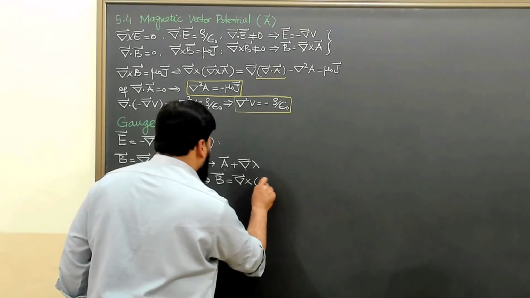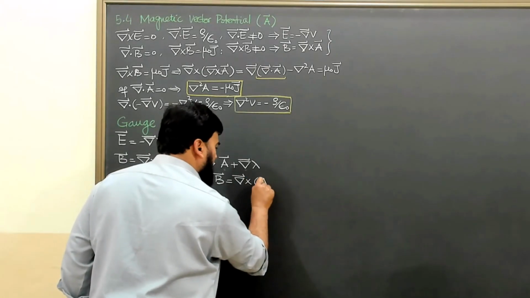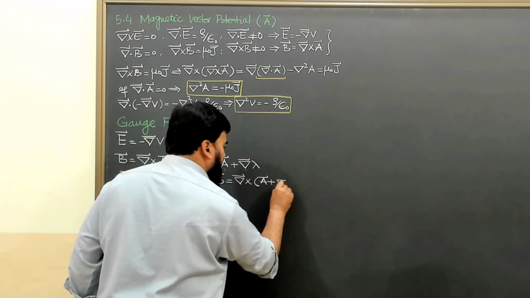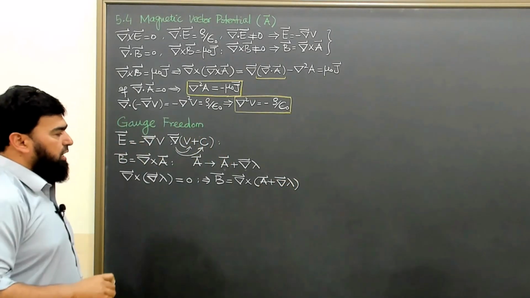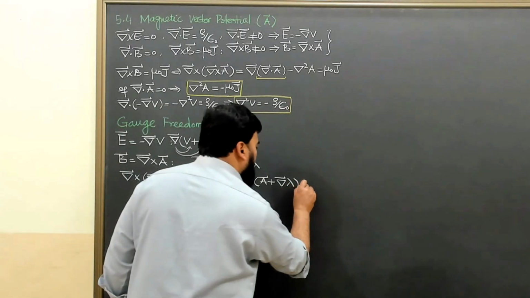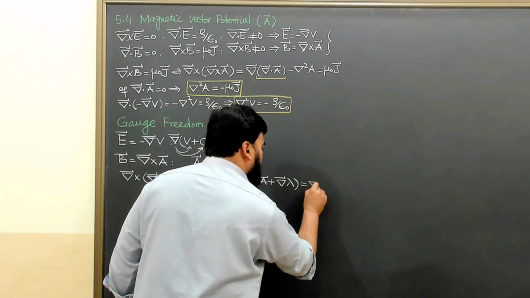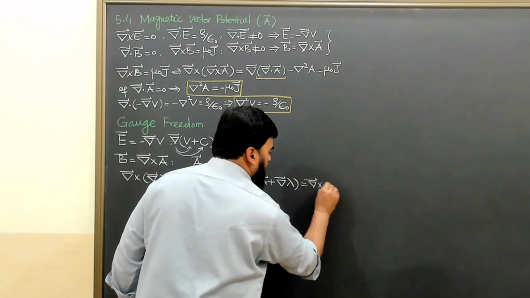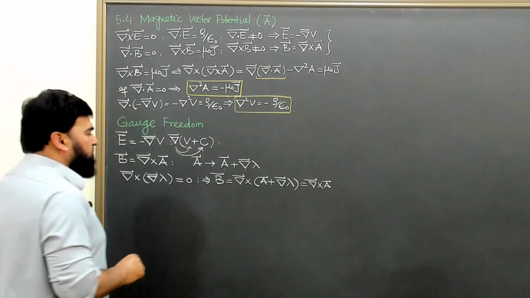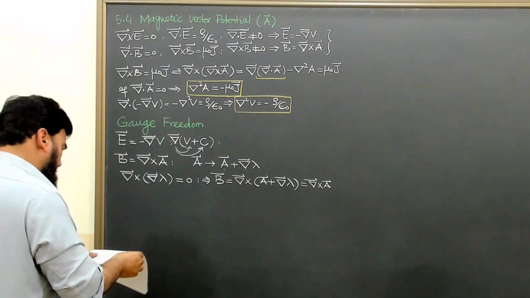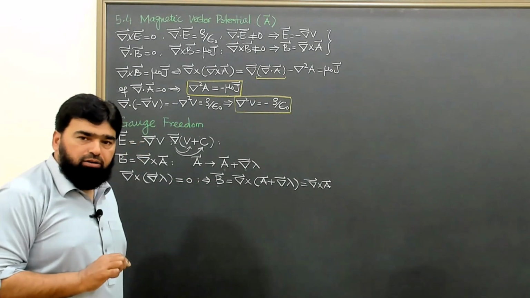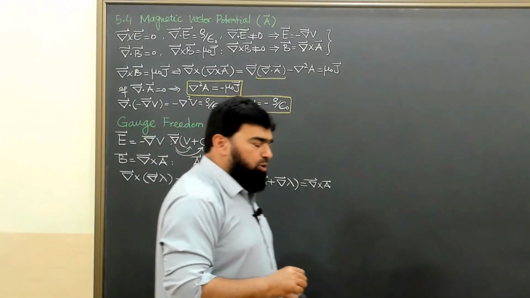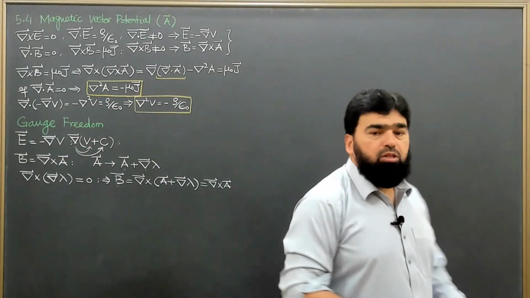We will again get del cross A, while the other term will go to 0, and we will get our magnetic field back here. So this is the gauge freedom.